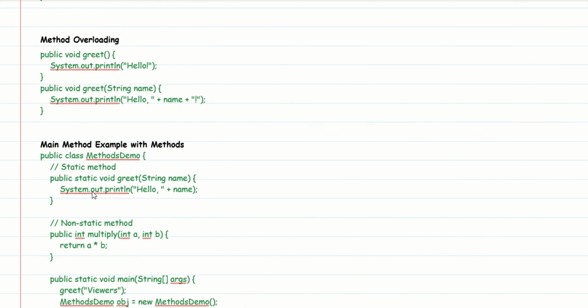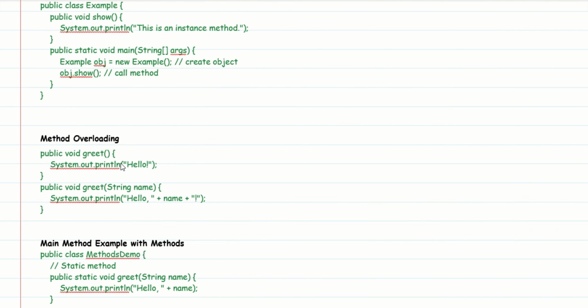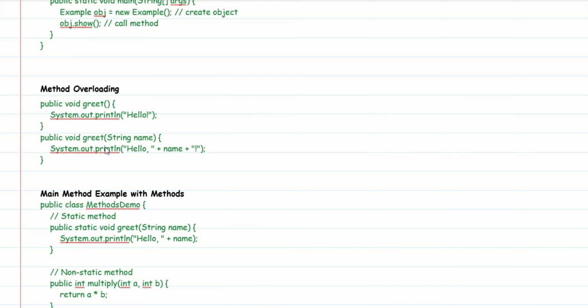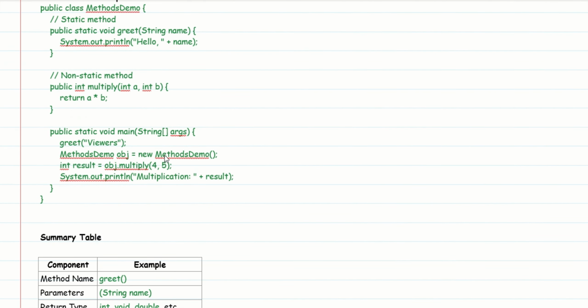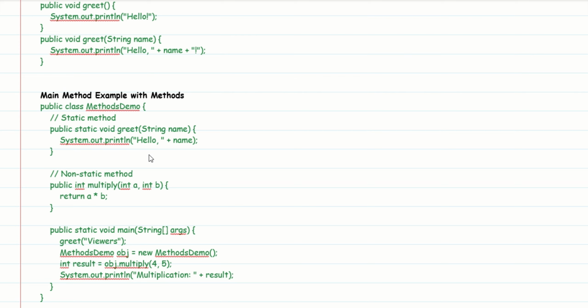So if you call greet without parameters, it will print the message hello. And if you call greet with a parameter, then it will print the message with the passed value. So this is a simple example.